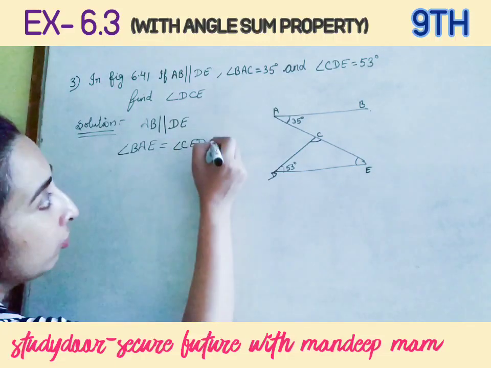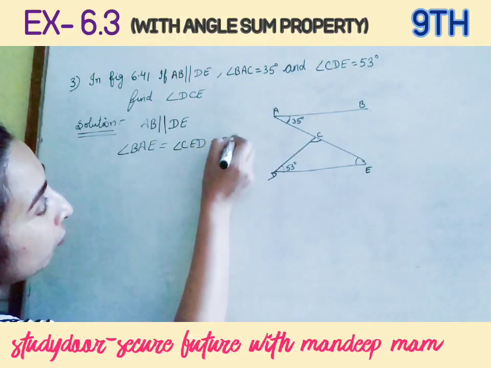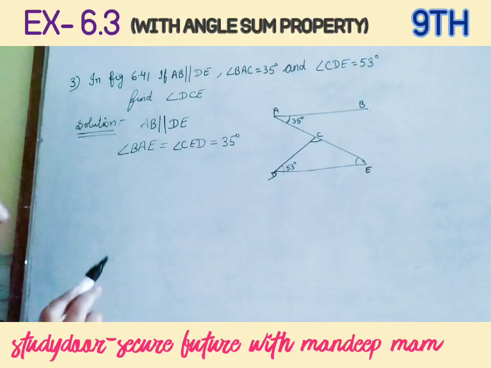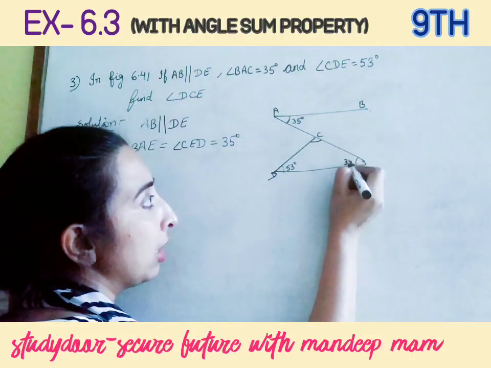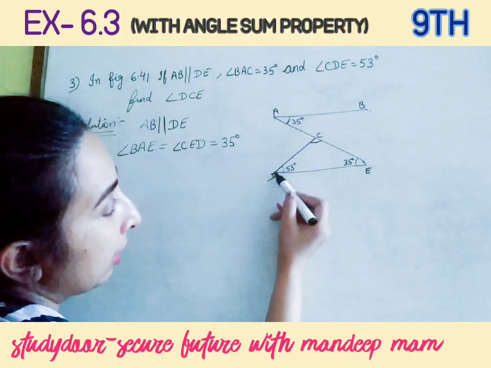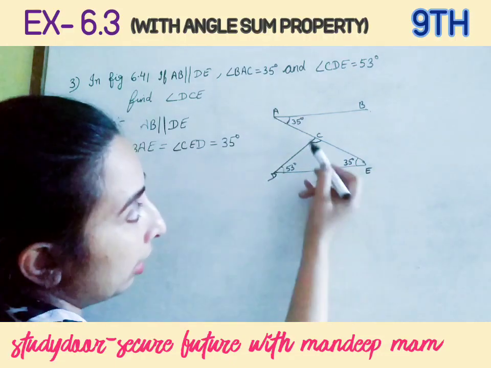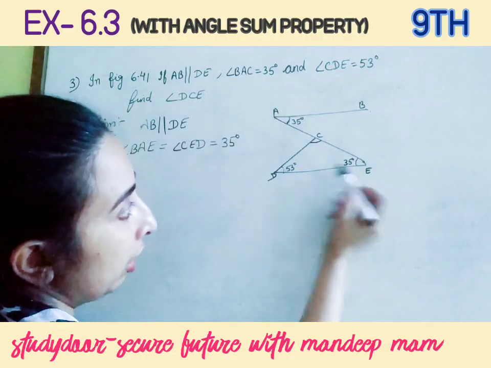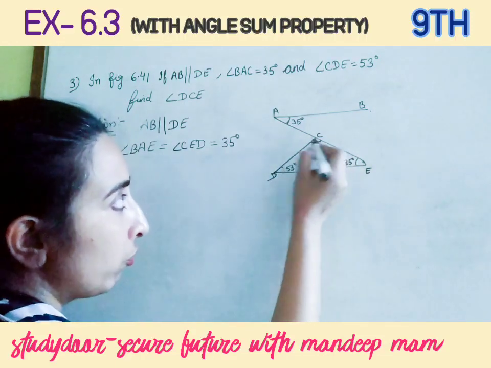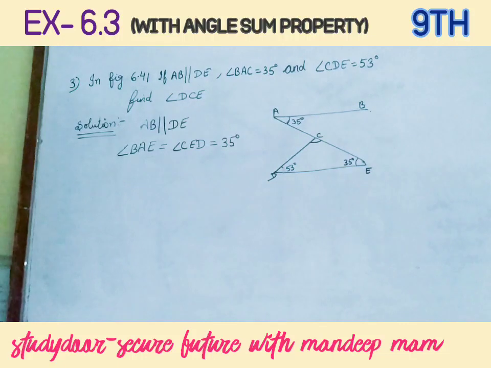Both angles will be equal to 35 degrees, because this angle is 35 degrees, so CED will be 35 degrees. Now in triangle CDE, we have two angles, that is 53 and 35. We have to find out angle C.